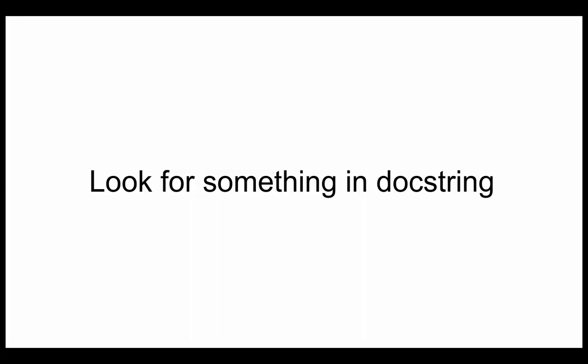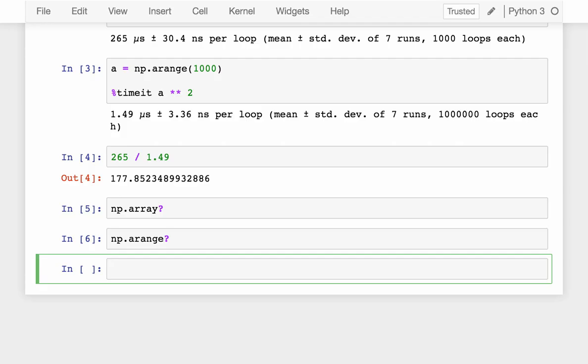But sometimes we do know something about a function, but we don't remember the name of it. In this case, we can look for the functions using patterns in the docstring. For example, we can find all functions that mention create in their docstring.